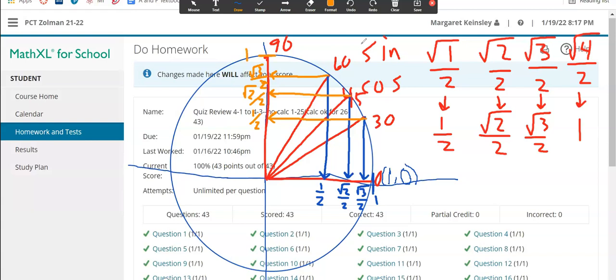True. Because they're all the same. They're all going to be either positives or negatives of these numbers. Now, those are sines and cosines. What about the popular tangent numbers? Well, what's the slope for 45 degrees?